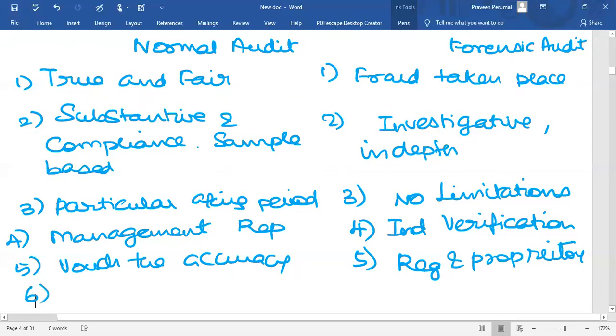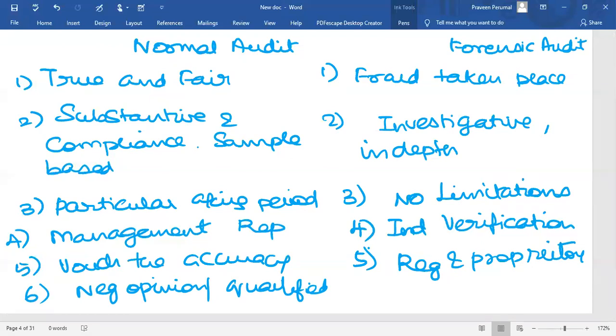If you find some adverse findings in normal audit, what should be done? You give a negative opinion or qualified opinion, maybe with quantification or without quantification.